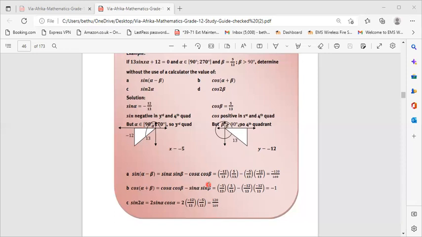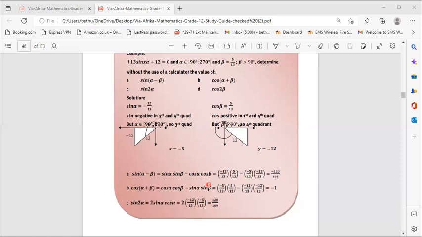What will we have? Sine alpha is equivalent to -12/13 times cos beta, which is 5/13, minus -5/13, which is the ratio for cos alpha, and then sine beta we can express as -12 divided by 13. So you can't use your calculator, friends.